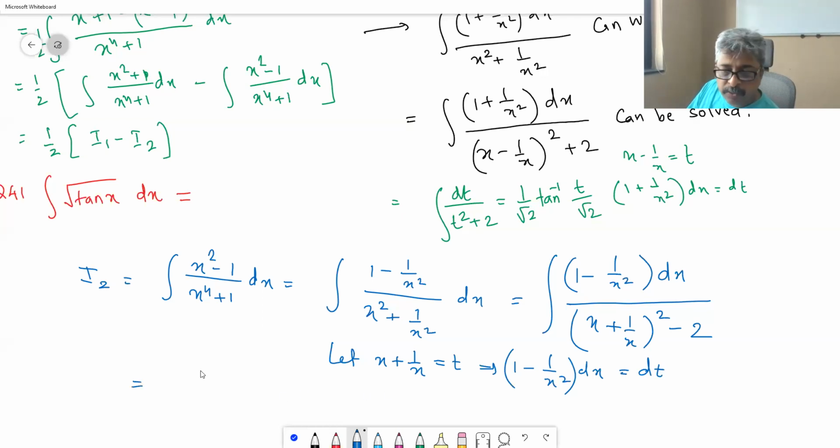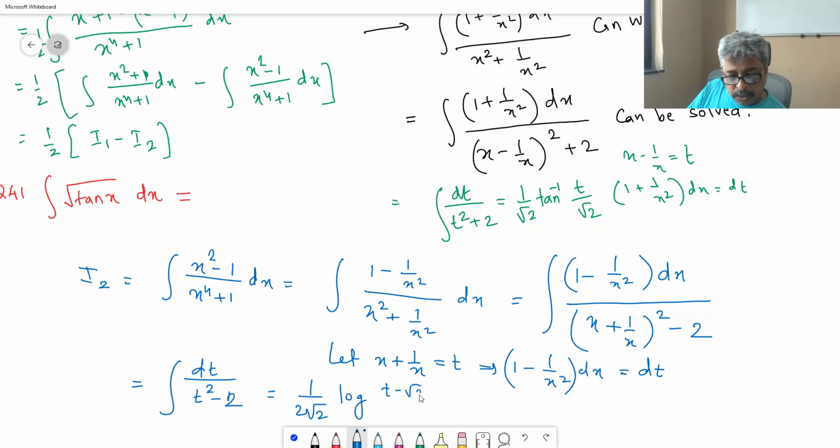Therefore, I2 is equal to dt upon t square minus 2 integral, which is equal to 1 upon 2 root 2 log t minus root 2 upon t plus root 2 plus c we will add in the end.